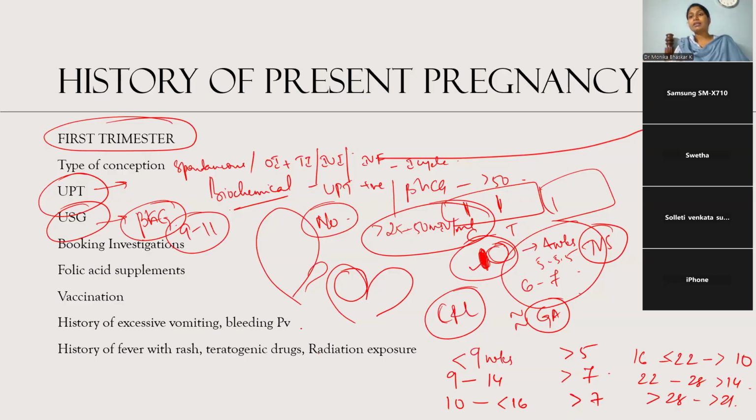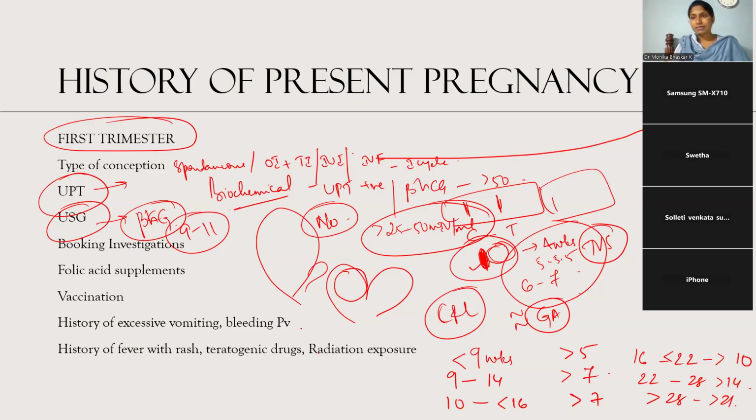So along with that, the other important thing which you have to remember in first trimester ultrasound is any other uterine or adnexal masses. So if there is a fibroid, you have to identify it in the first trimester ultrasound. For example, if there is a 4 centimeter fibroid, then throughout the pregnancy, you have to see where the fibroid is, whether it is in the upper segment or lower segment, whether it is near the cervix, whether it will impinge on the cervix, and sometimes it might be difficult for a vaginal delivery.